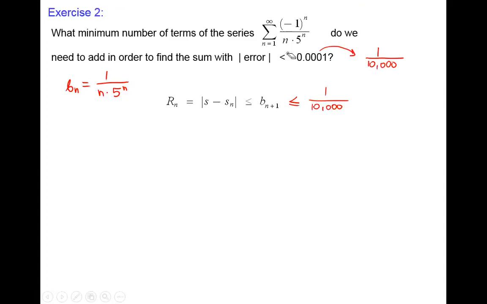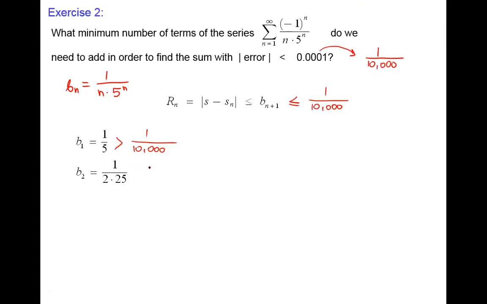Okay, let's do the same. B sub 1 is 1 over 5, because 5 to the power of 1 is simply 5. This is definitely greater than 1 over 10,000. B sub 2 is 2 times 25, which is 50.